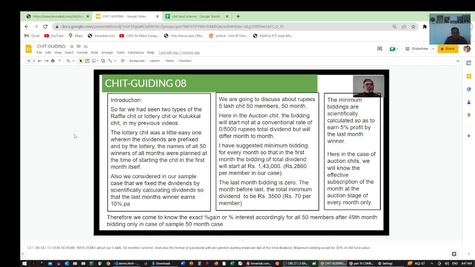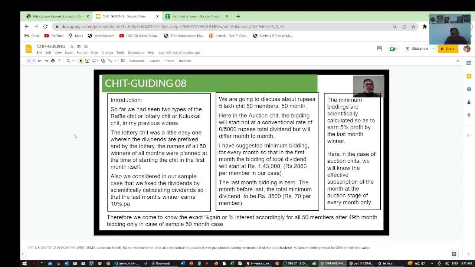The last month bidding is 0 because there is only one member left out. The month before the last, the total minimum dividend is 3,500 rupees or 70 rupees per member. The minimum biddings are scientifically calculated so as to earn 5% profit by the last month winner. That is, our controlling IRR is 5% minimum.